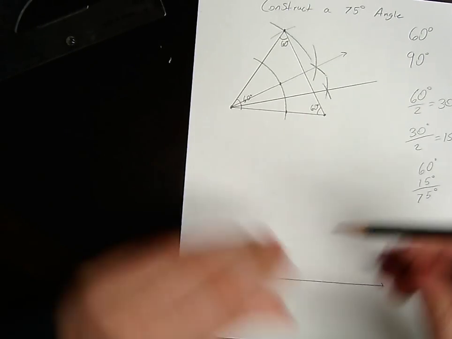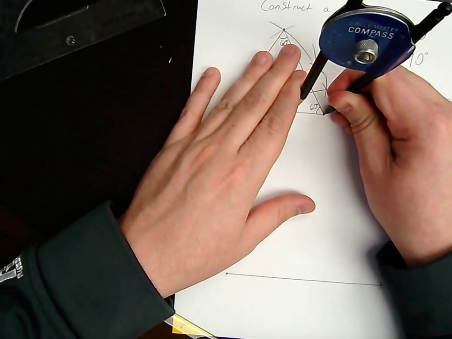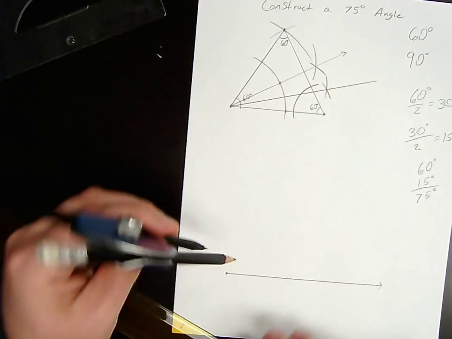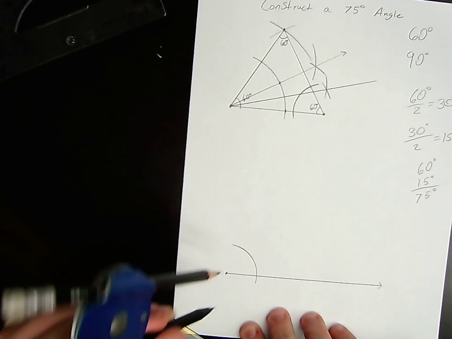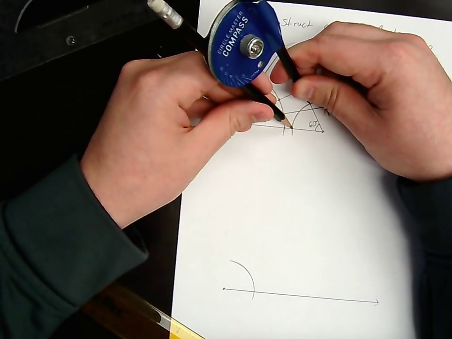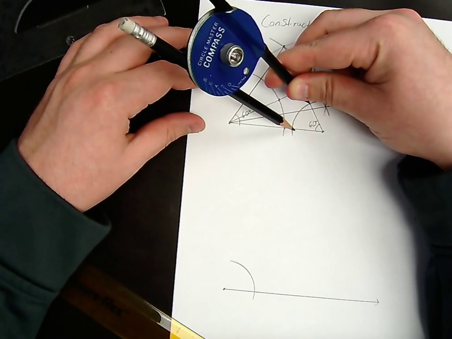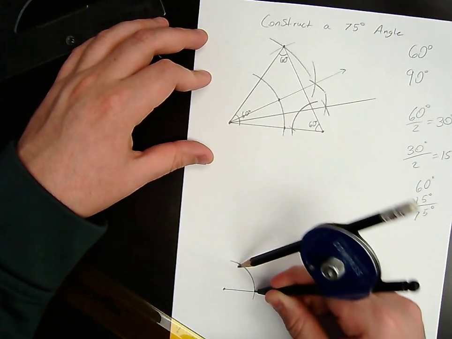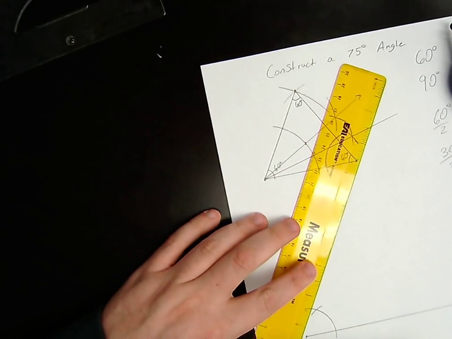So you start off by drawing an arc on both the original angle and the new ray that I've drawn. Then you use the compass to measure the width there, and so I got that length right here, that width between the two intersections. And then I'll copy that down here, and this will be my 60-degree angle. I've copied the 60 degrees.